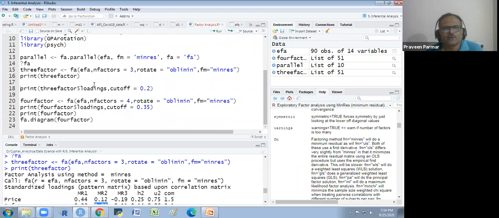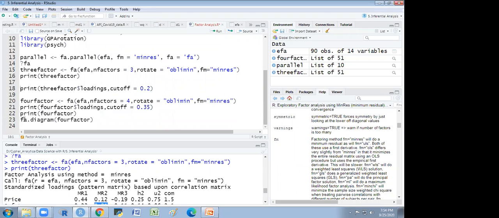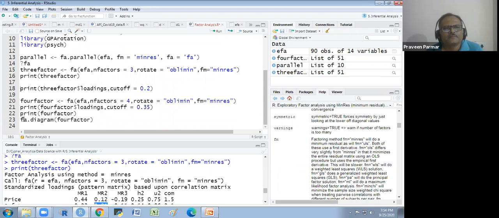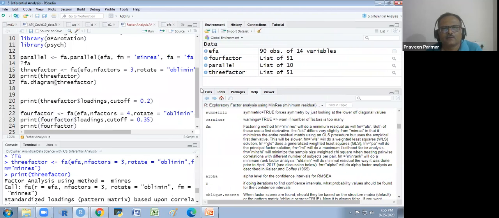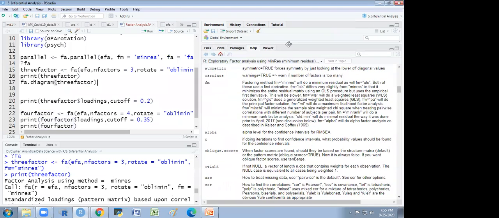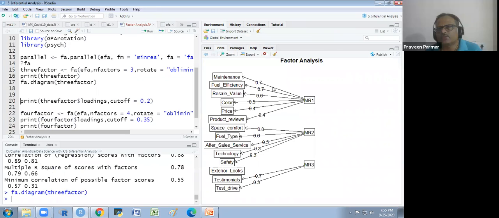Now I will give one diagram for this 3-factor. I just copy this and write here the 3-factor. So this is my MR1.